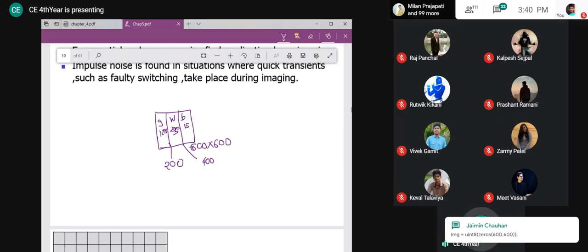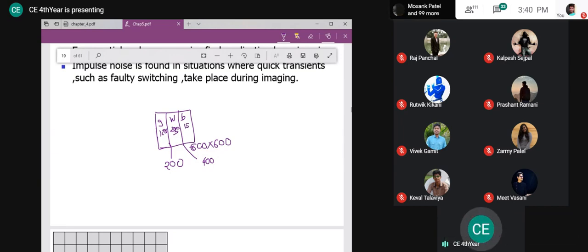Yes, you can start with zeros of 600 cross 600. So all zeros are created. Let us copy the same code as our regular practice.